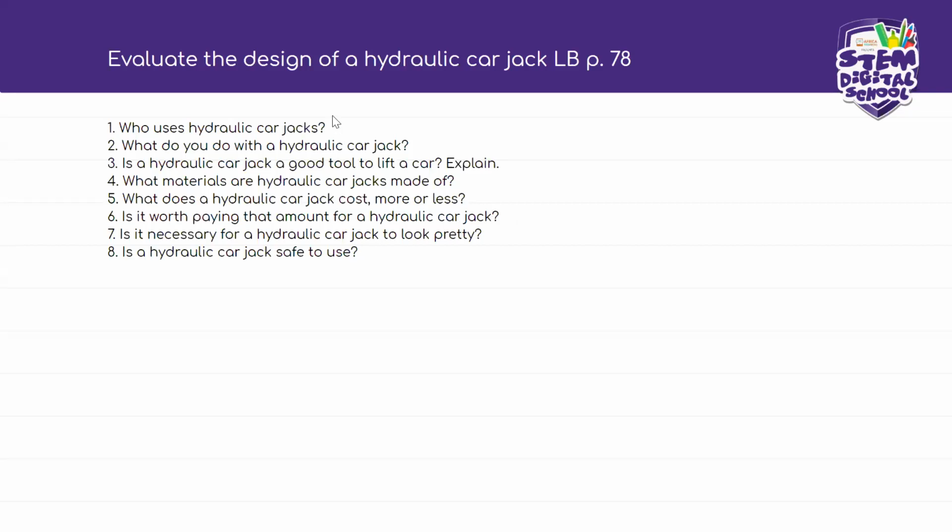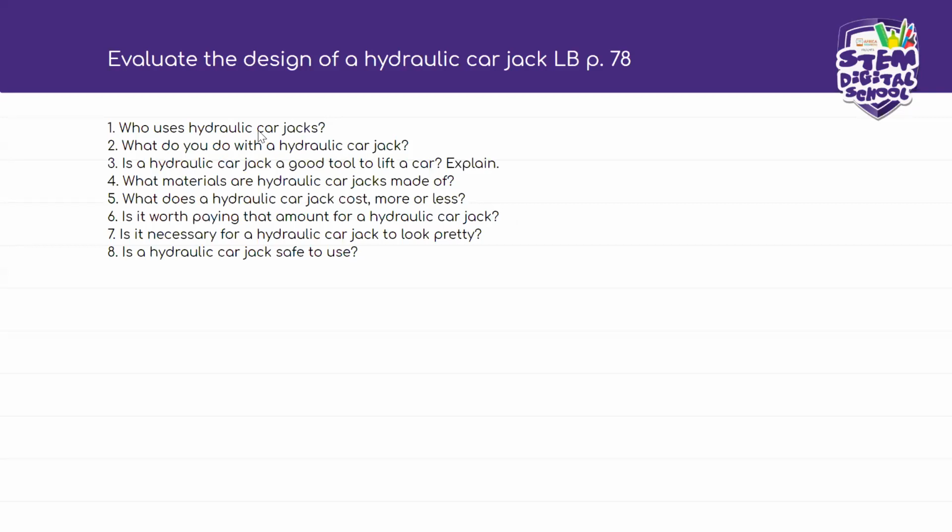Now, let us look at this one. Let us discuss this as a class. Who uses a hydraulic car jack? We all know that, hey? Mechanics. That's correct.